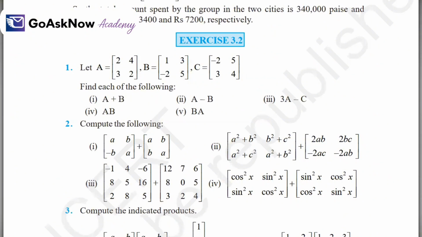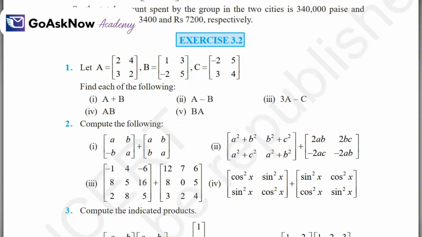After that, we have also seen the multiplication of two matrices and their properties. Apart from that, we have also seen some similar product of matrices, other properties of matrices, and types of matrices.